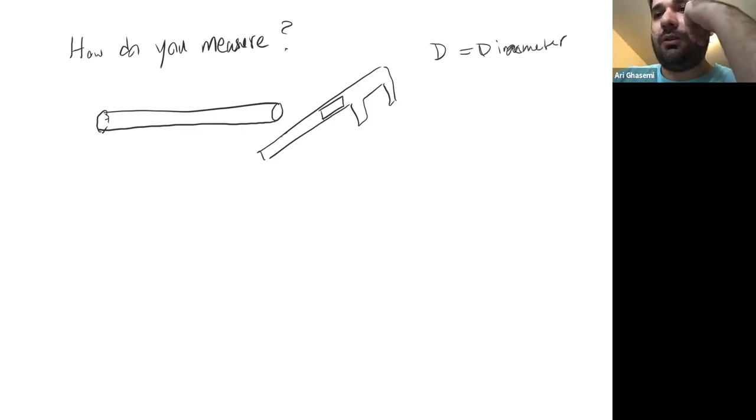Well, what do you do in this case? I would like somebody to step in and give me an opinion. If I ask you to find the diameter using a caliper, what do you do? And how do you report it to me?